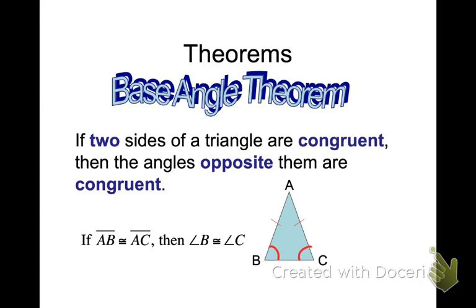So your base angles would be congruent to each other. So if you have two congruent sides, you're going to have two congruent angles. That's pretty much what we need to concern ourselves with. You just need to make sure you pick out the correct ones.